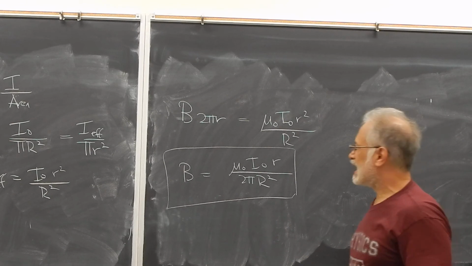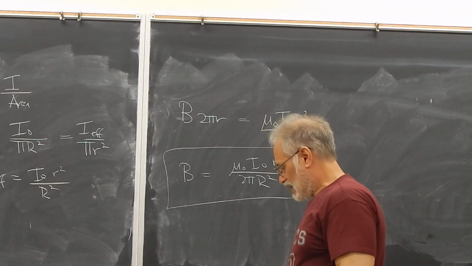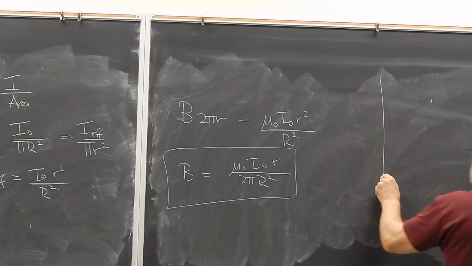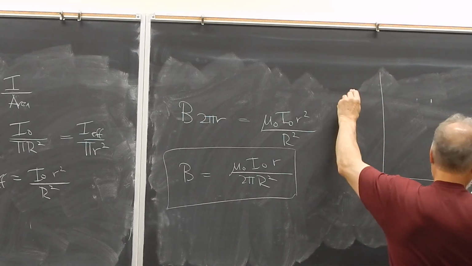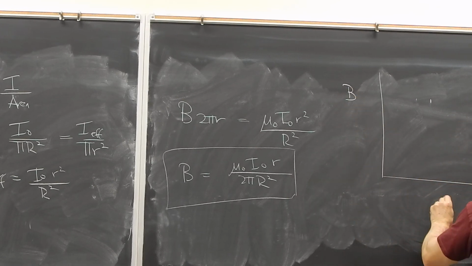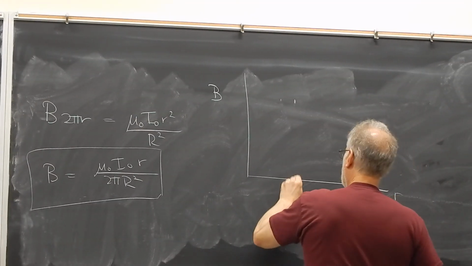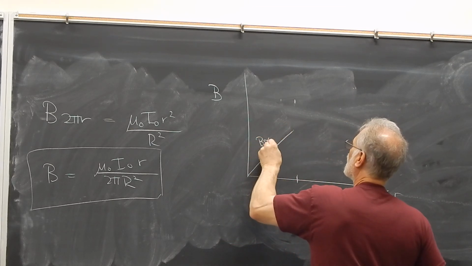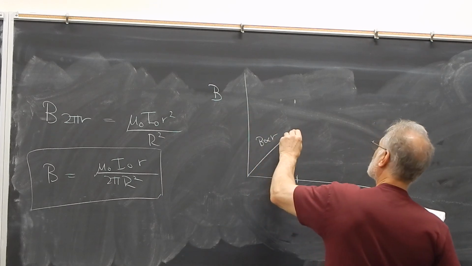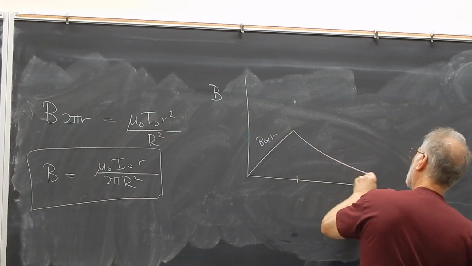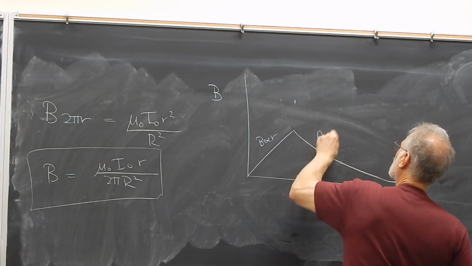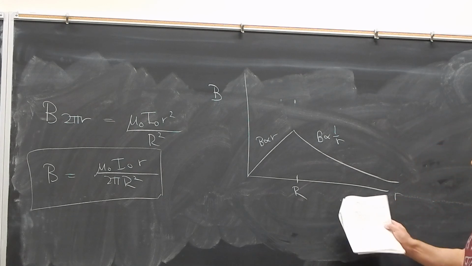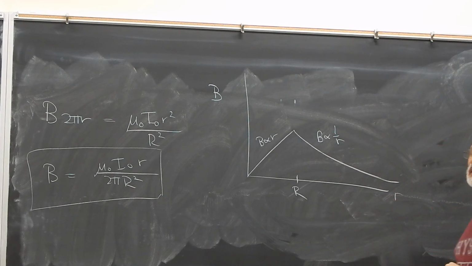It's a very nice example of how to use Ampere's law in that way. Notice, if I were to plot the magnetic field as a function of r, the field is proportional to r when I'm inside the wire, but it goes as 1 over r when I'm outside the wire. So it's a nice little illustration of what happens with the magnetic field.